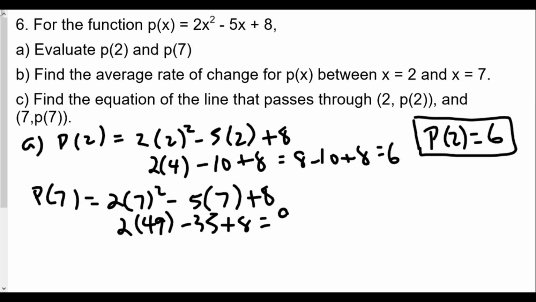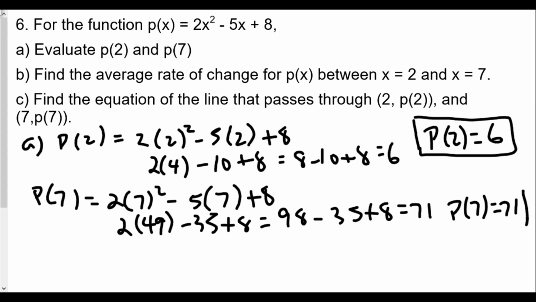We get 98 minus 35 plus 8. And so 98 minus 35 will give us the value of 63, plus 8 will be 71. So we say p of 7 equals 71. And that's the first part, question number 6.